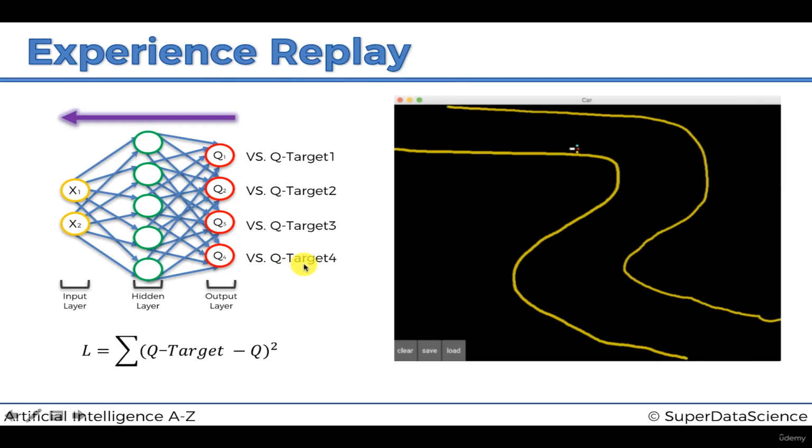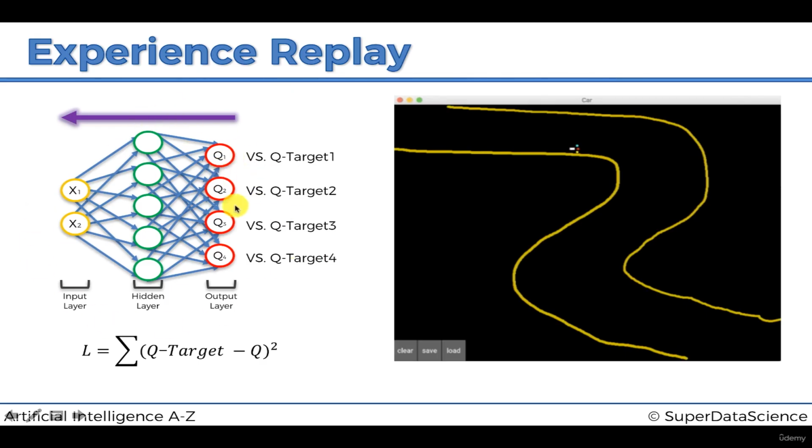So in this case, the question is, what is the input into this neural network? Or more specifically, how often do we trigger this neural network? Well, every time the car ends up in a new state. So the car makes a move, it ends up in a new state, and then all the information about the state goes through the network.